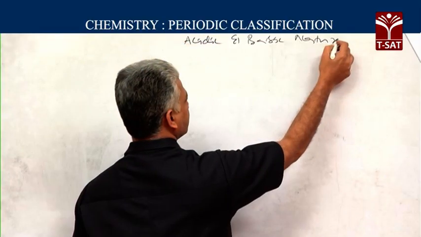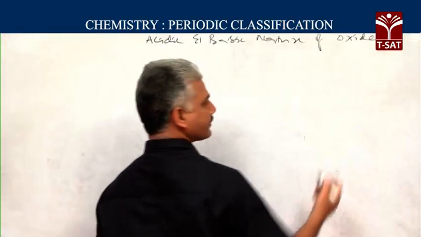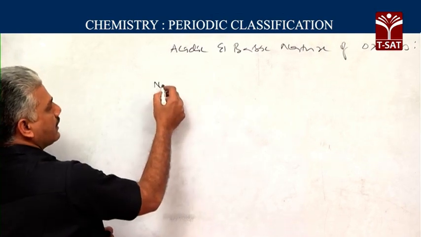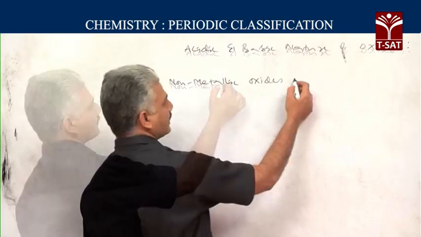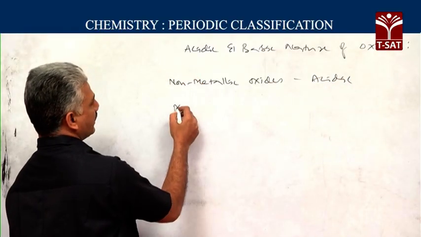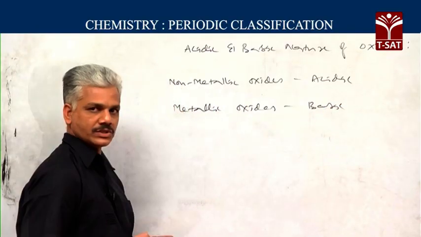Basic nature of oxides. In general, non-metallic oxides are acidic in nature, while metallic oxides are basic in nature.